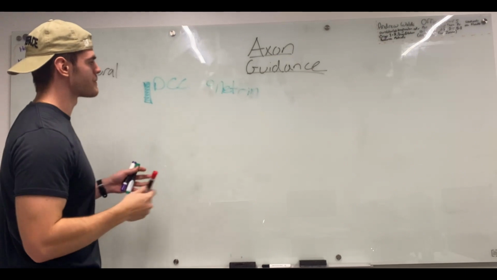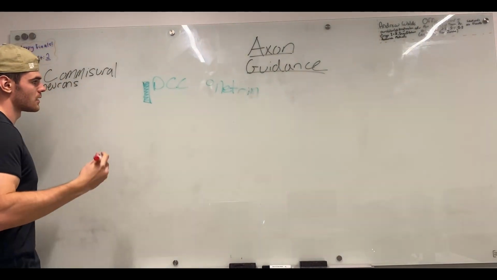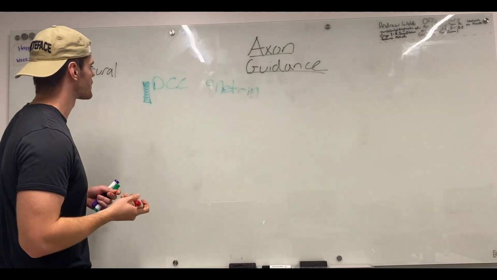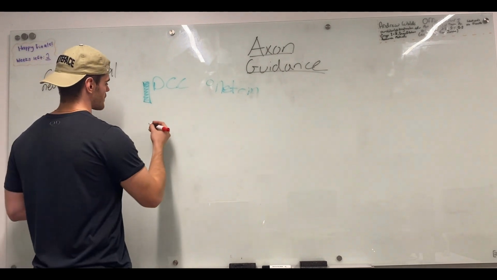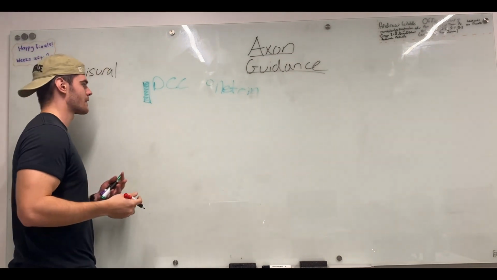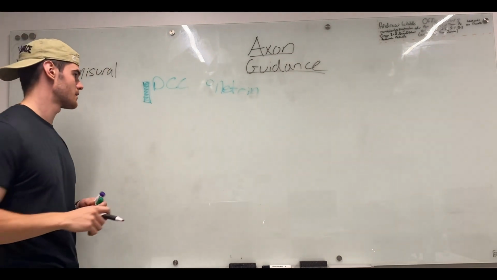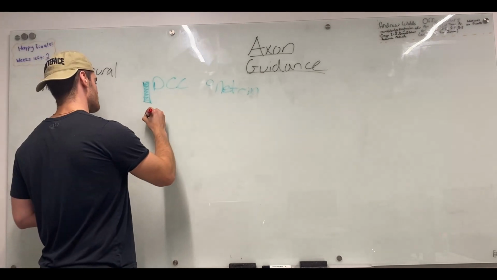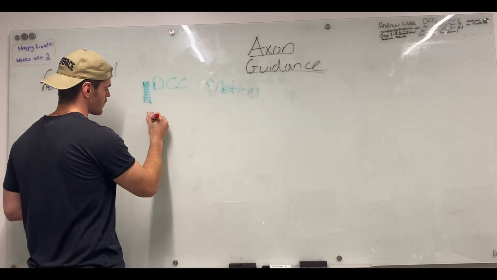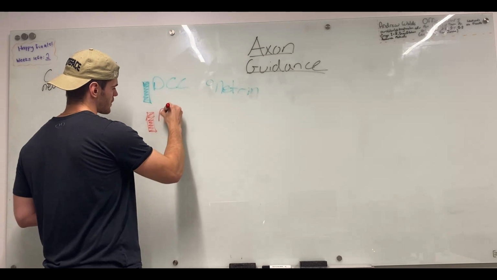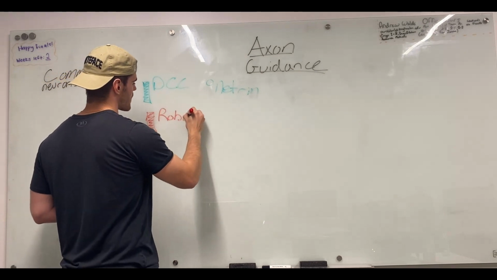The other main pair, which I'll put in red because of X, it opposes DCC, is robo. Okay, robo.